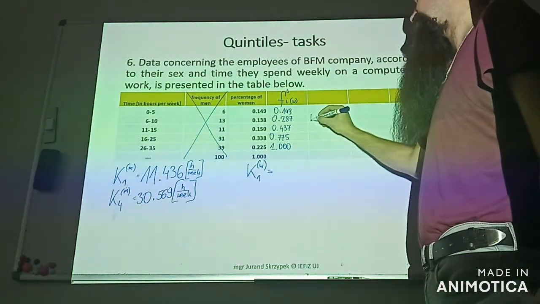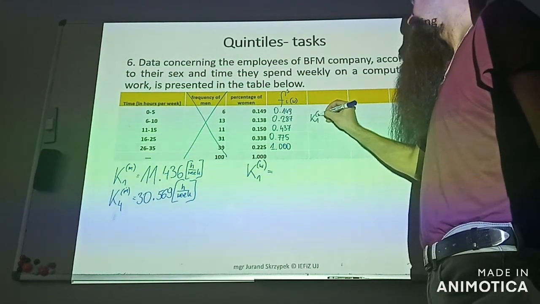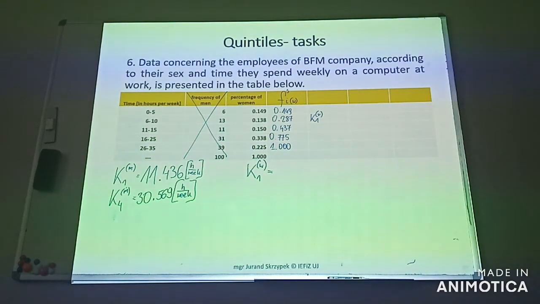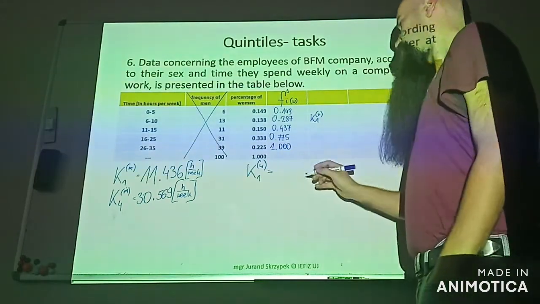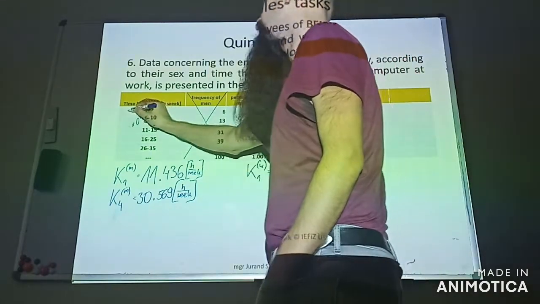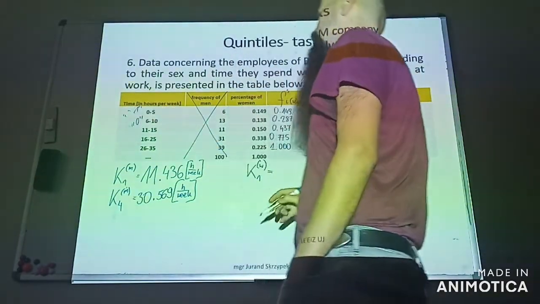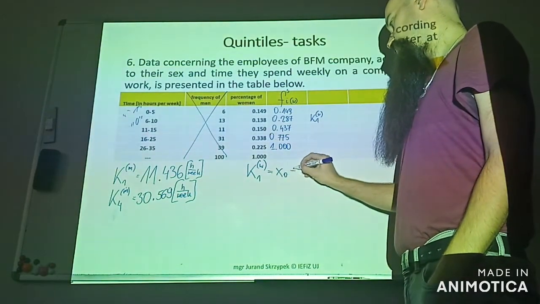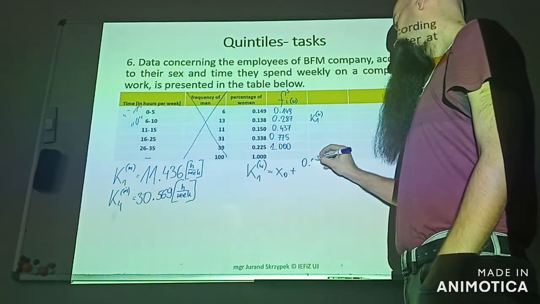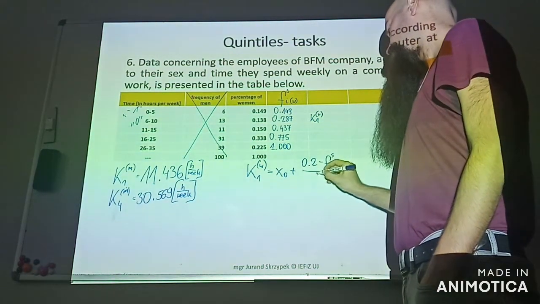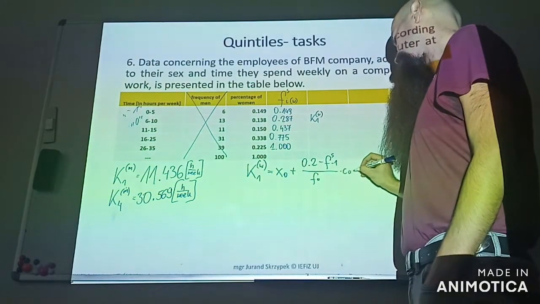This is the second class, K1 with the letter W, which indicates the group of women. So here we have the 0 level, here we have the -1 level, and the formula is the following: x0 plus 0.2 minus fs-1 divided by f0 multiplied by c0.